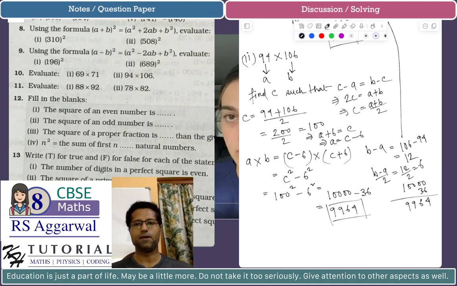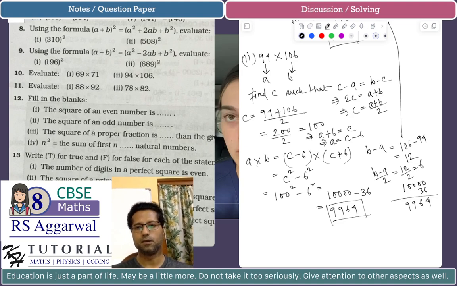So what concept did we apply when we are given the product of this kind of numbers? A is something and B is something, and you can clearly see that both A and B are even. We have to find C, which will be midway between A and B, and C will be equal to (A plus B) by 2. Then I express A as C minus 6 and B as C plus 6.